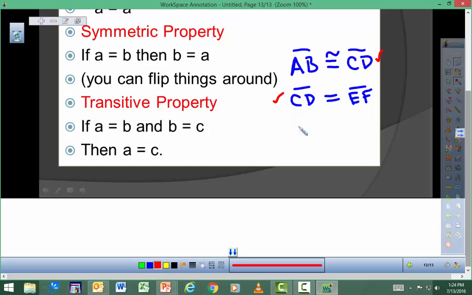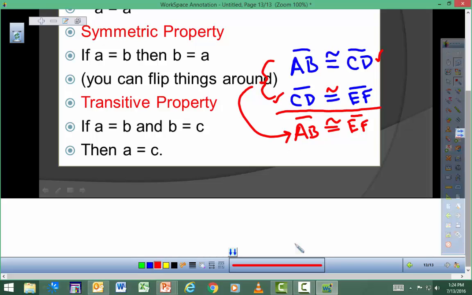And so the transitive property says, oh, well, if we know these two pieces of information, we can then say that segment AB is congruent to EF. And so that would be the transitive property. I always like to draw a little line underneath, but anyhow, based on those two pieces of information, we then go to here.